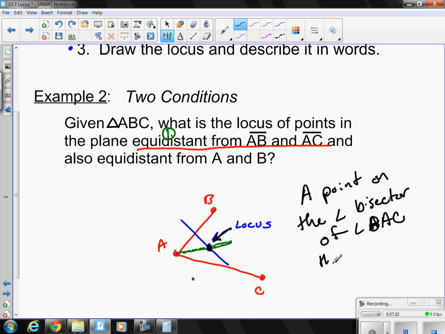That is also on the perpendicular bisector of segment AB. So this is a perpendicular bisector, that's an angle bisector, and that's how I'm describing the locus.